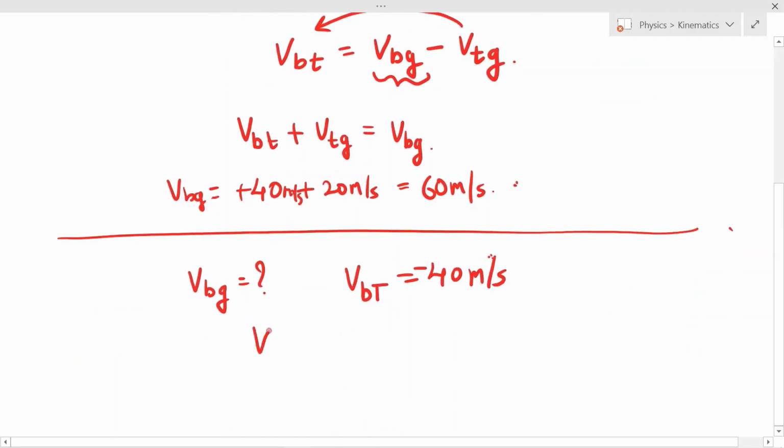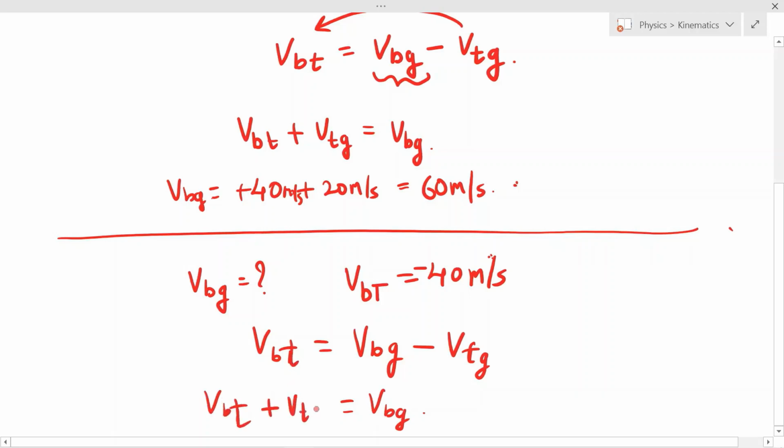And we have to know the velocity of the ball with respect to ground. Again apply the same formula. The velocity of the ball with respect to trolley is the velocity of the ball with respect to ground minus the velocity of the trolley with respect to ground. The velocity of the ball with respect to ground is to be found out, so this is VBG. This becomes VBT plus VTG.